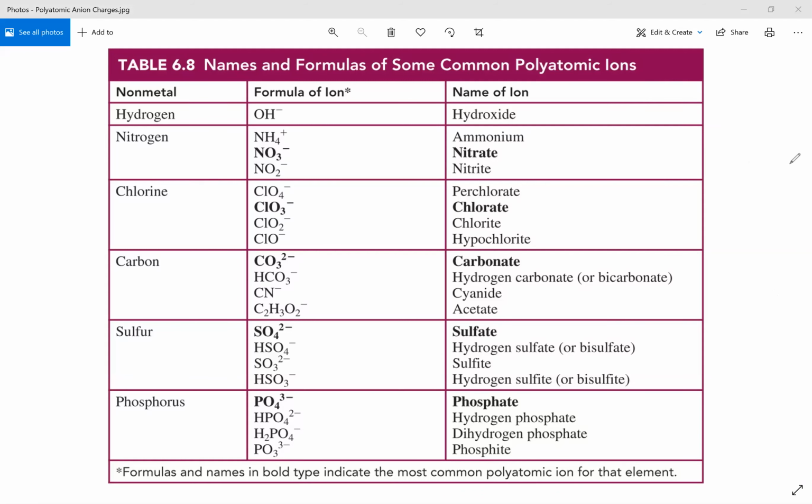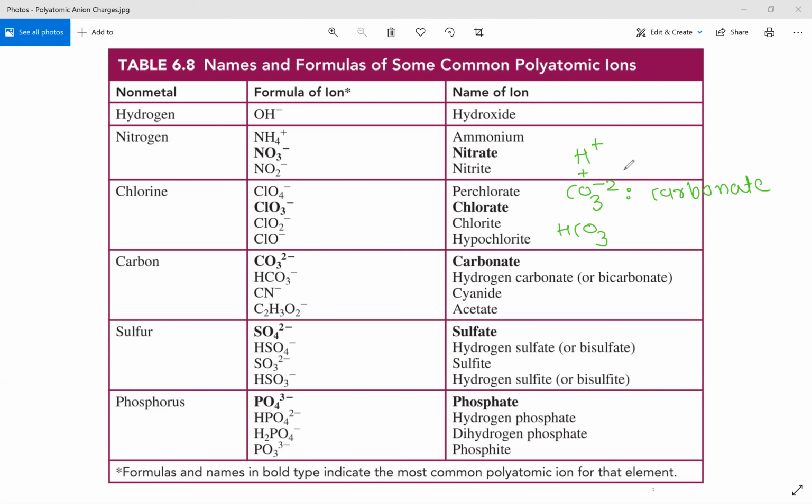So when you have CO3 minus 2, this is one of the anions that was in the table. What do we call it? We call it carbonate. Now, if we put hydrogen with this anion, generally hydrogen carries a +1 charge, so let me write H plus.